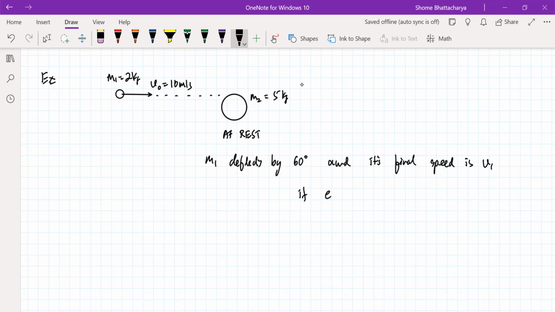If the coefficient of restitution is given, okay.